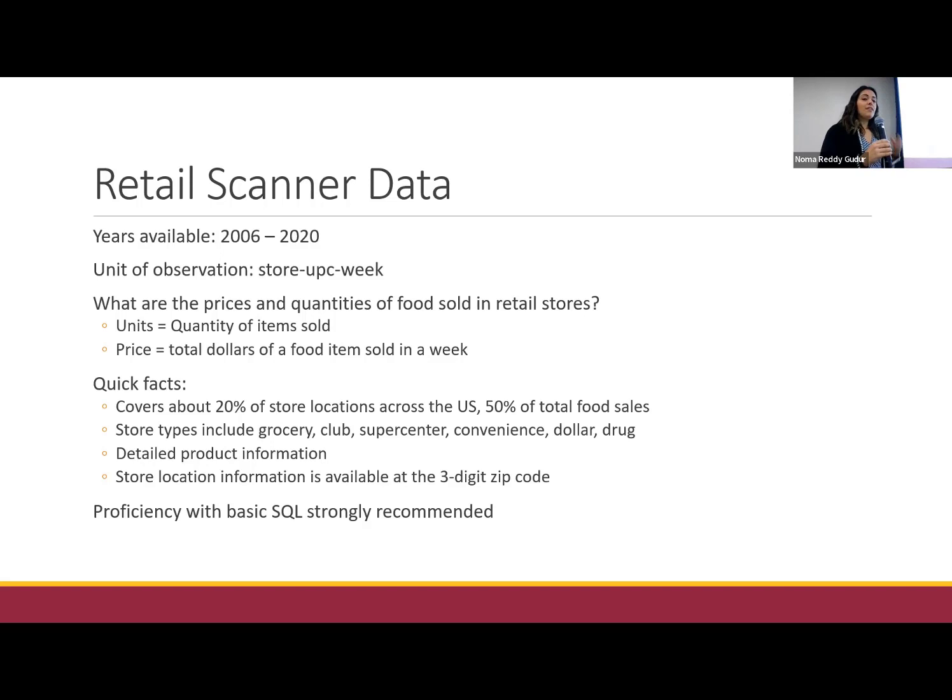So given the barriers in access, the retail scanner data, one caveat is that we're looking at about 50% of sales covered by about 20% of store locations. These store types include grocery, club, supercenter, convenience, dollar stores, and drug stores. So we're able to identify which stores are classified according to format.